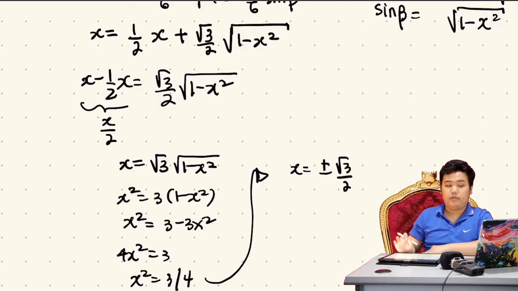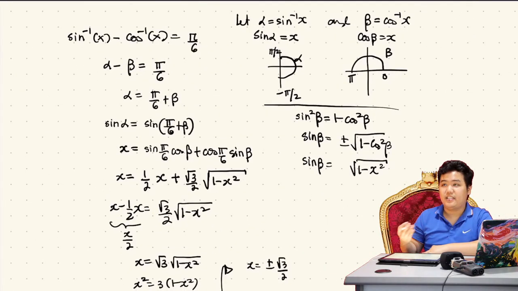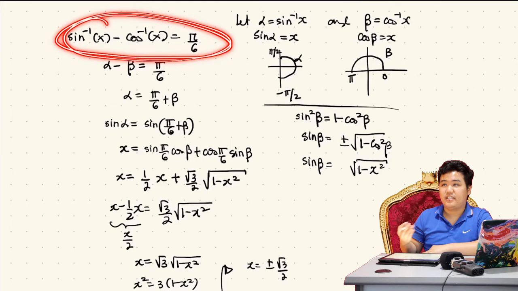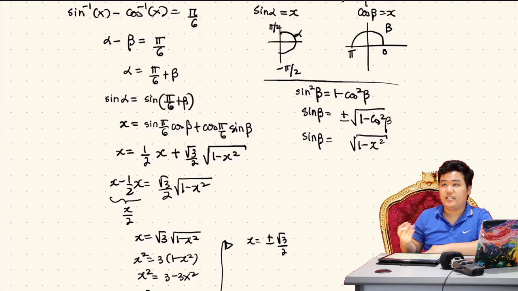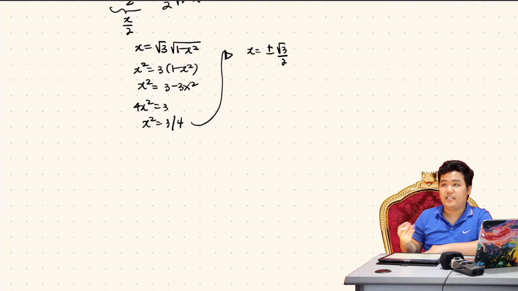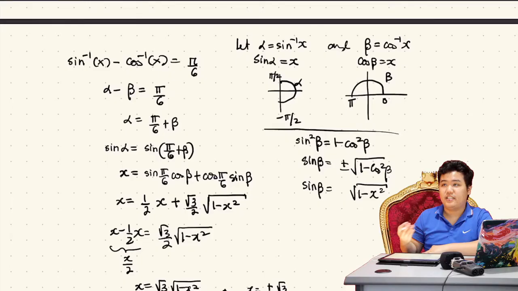So ito yung two candidates natin for the correct answer. So pwedeng wala dyan ng sagot, pwedeng isa lang, or pwedeng pareha sila. So ipa-plug in natin dito and we will check if masasatisfy ba nila. Okay, so unahin natin yung kay negative square root of 3 over 2. So copyin lang natin yung original equation.